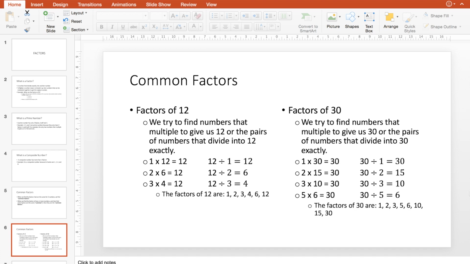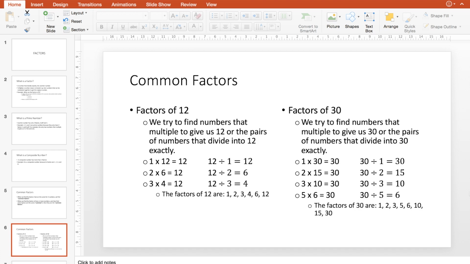Now let's go into 30. We want to find numbers that multiply together to give us 30. So 1 times 30, 2 times 15, 3 times 10, and 5 times 6 give us 30. So the factors of 30 are 1, 2, 3, 5, 6, 10, 15, and 30.